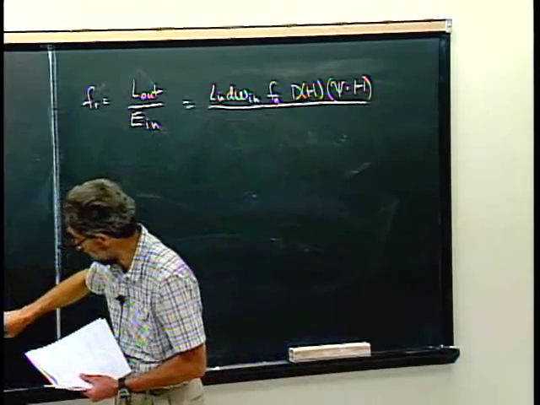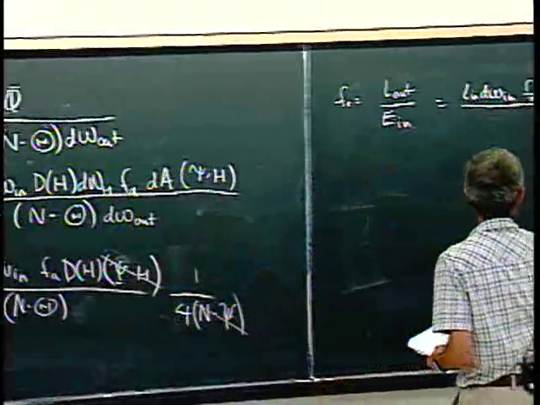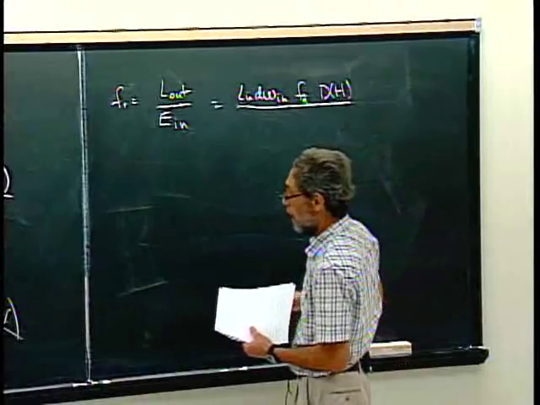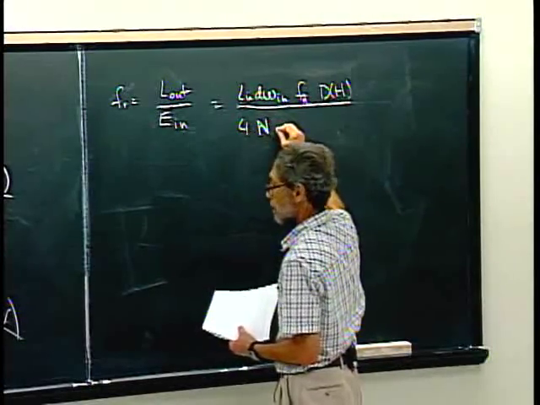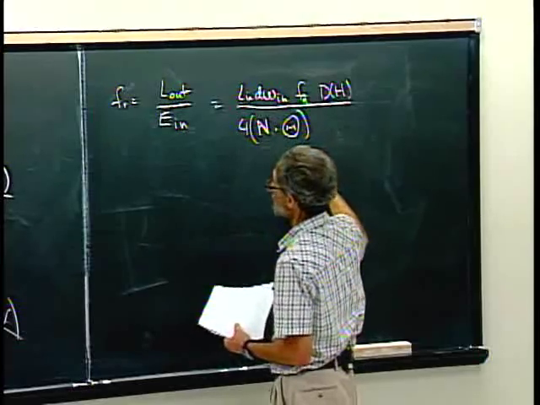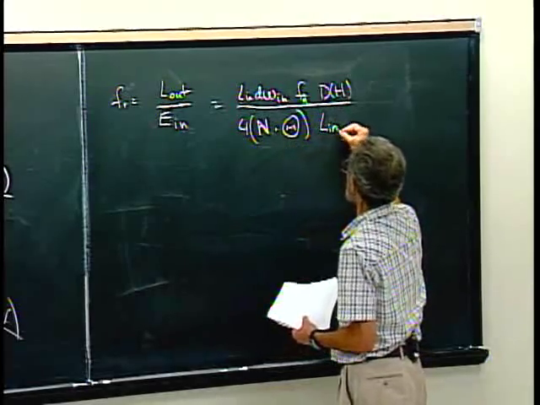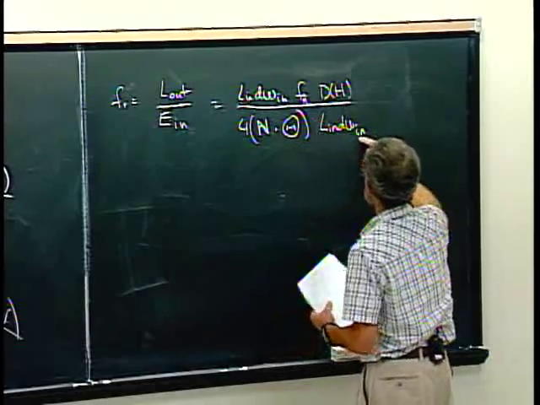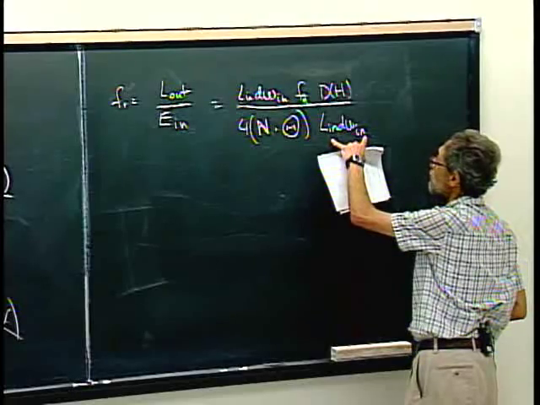This one is here, if you go back a board, and this one is here, so I don't need that psi dot h after all, because it cancels with one in the denominator. And then I have 4n dot theta, and now I have to divide by E in, which is L in d omega in. Right? That's the flux in per unit area normal to the beam.